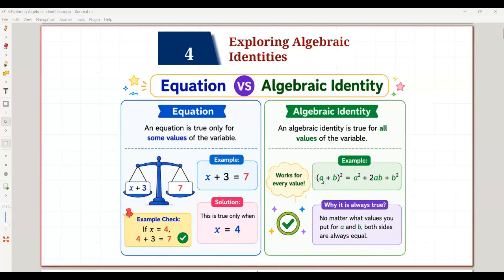If we take a is equal to 1, b is equal to 2, both sides are equal. No matter what values you put for a and b, both sides are always equal. This is the difference between an equation and an algebraic identity. An equation is true for only some particular values, but an algebraic identity is true for all values of the variable.